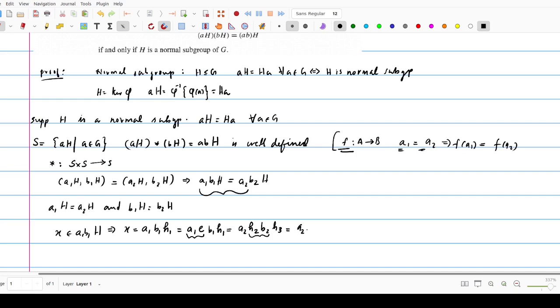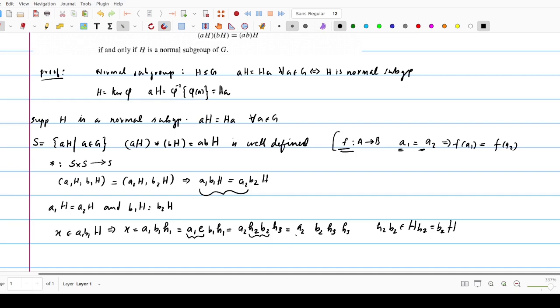So a2h2b2h3 can be written as well, and h2b2 can be written as b2h3. How is this possible? h2b2 is an element of Hb2, that is equal to b2H, because the left coset coincides with the right coset. So every element of the form hb2 can be written as b2 times some element of H. So h2b2 can be written as b2 times some h3.